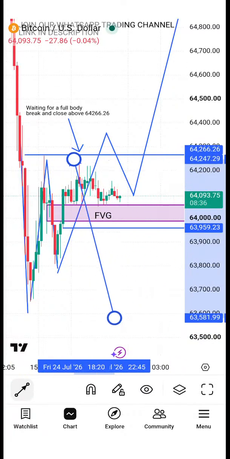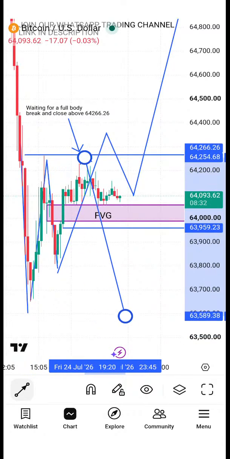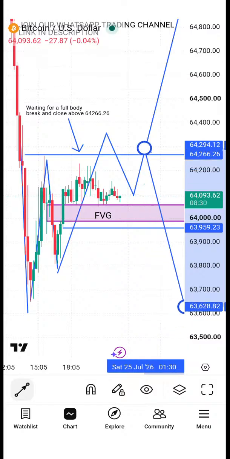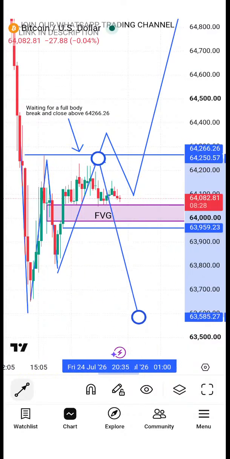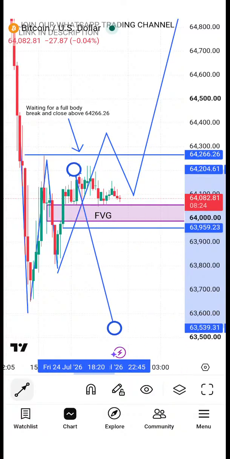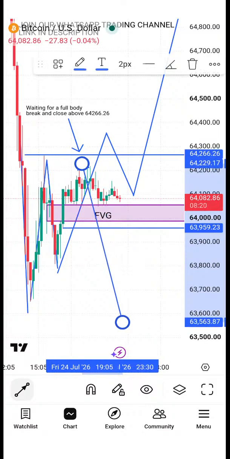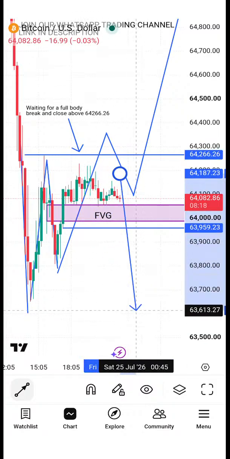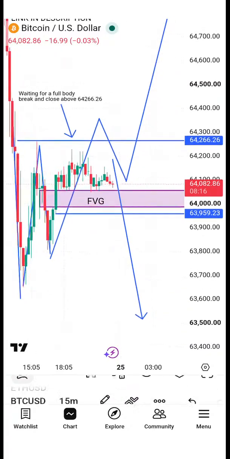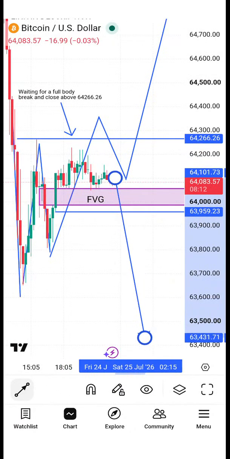Because we have a resistance here. This area acts as a resistance, guys. This line acts as a resistance. So from here, price can push towards the downside. It's possible. We are not in control of the market.